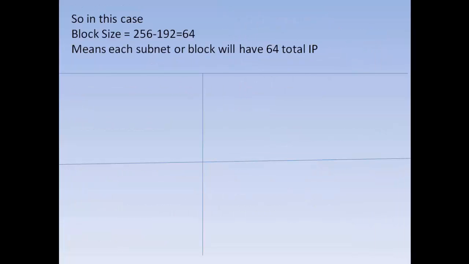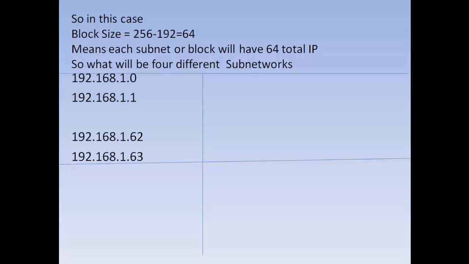So the block size will be 64, which means each subnet or block will have 64 IPs in total. So what will be the subnets? You can see here, 192.168.1.0 to 63.